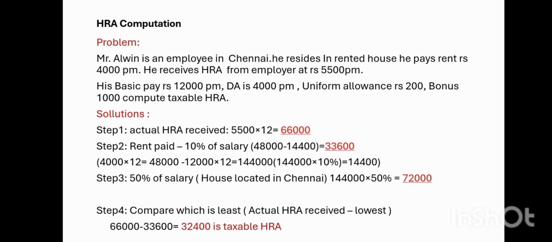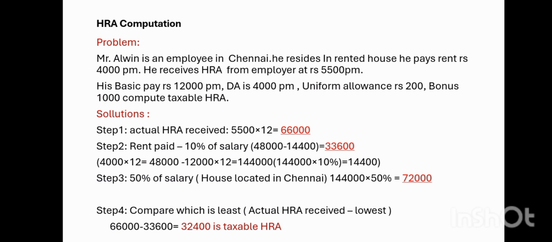The next step, step 3, is 50% of salary. Why are we considering 50%? Because he is residing in a metropolitan city, Chennai, where the population is more than 25 lakh. For that reason we are considering 50% of salary here.